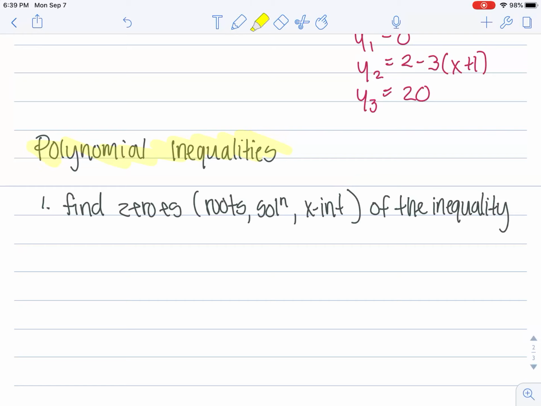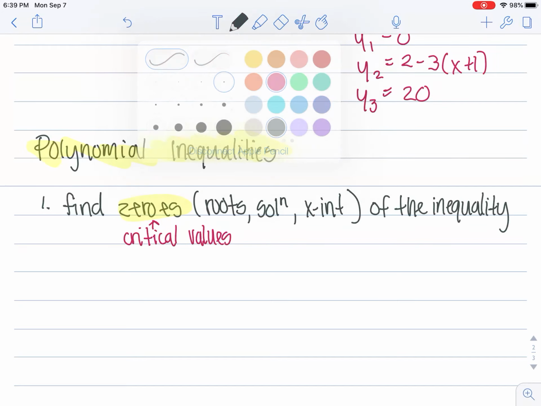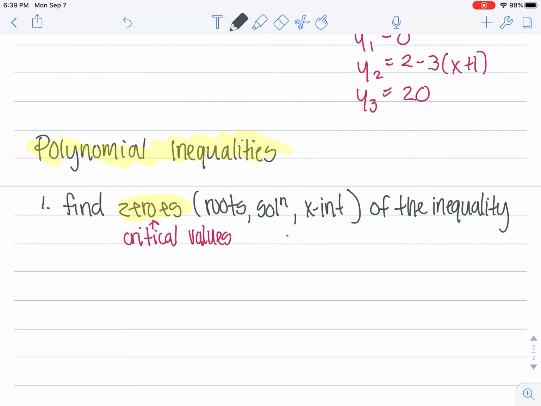Now, you also have to understand, why do we want these guys? Okay, these guys are called our critical values. So that's what we want to put on our number line. So find the zeros of the inequality and put them on a number line.